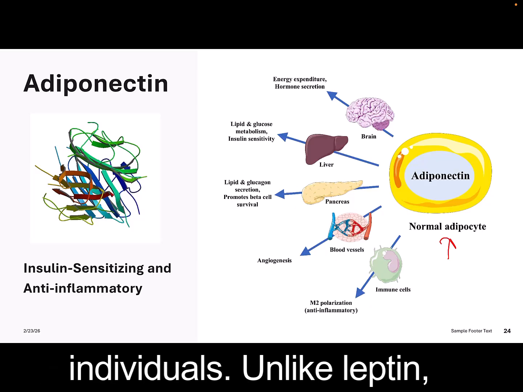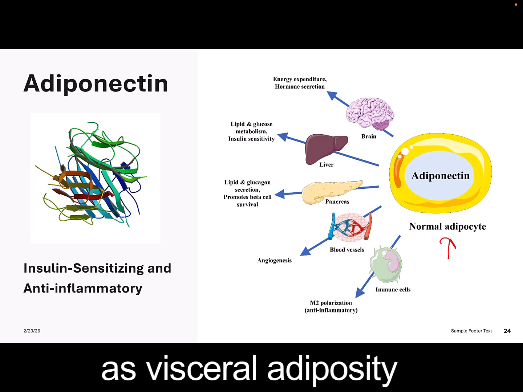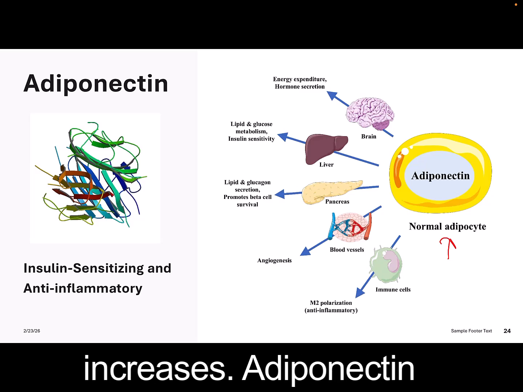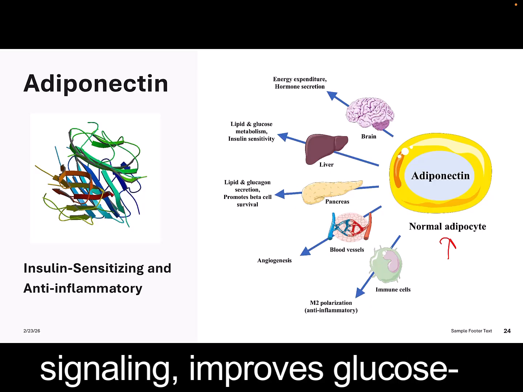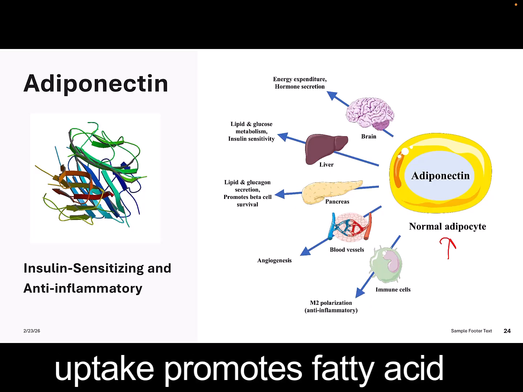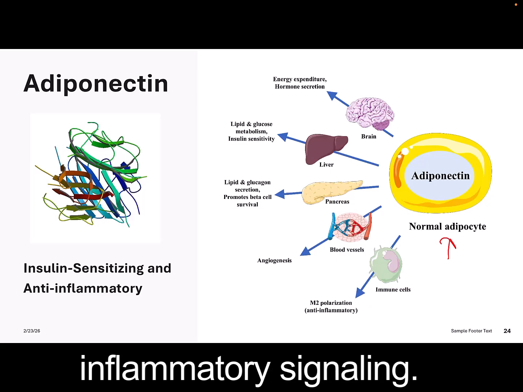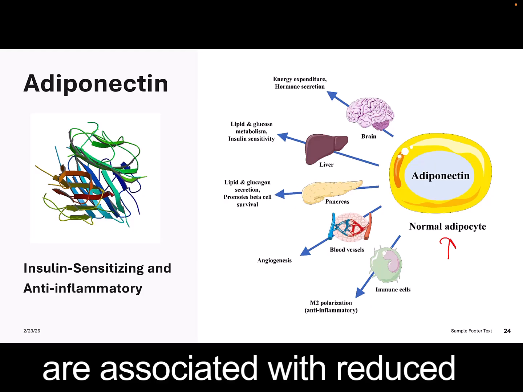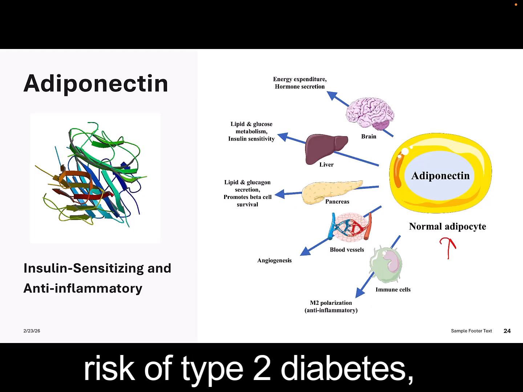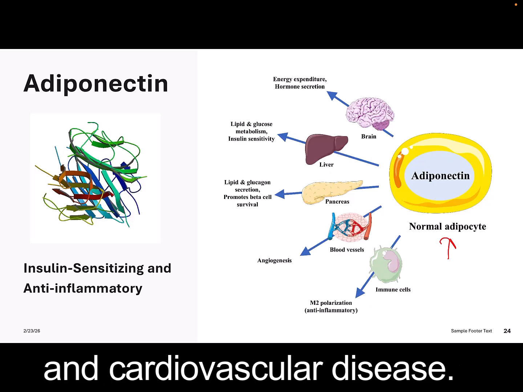Unlike leptin, adiponectin levels decrease as visceral adiposity increases. Adiponectin enhances insulin receptor signaling, improves glucose uptake, promotes fatty acid oxidation, and suppresses inflammatory signaling. Higher adiponectin levels are associated with reduced risk of type 2 diabetes, dyslipidemia, atherosclerosis, and cardiovascular disease.